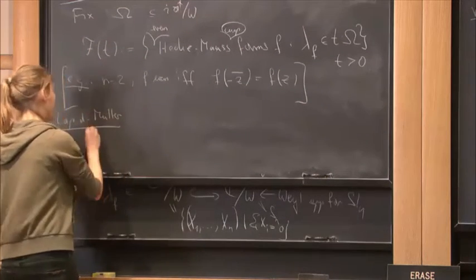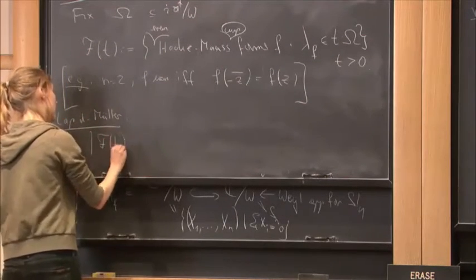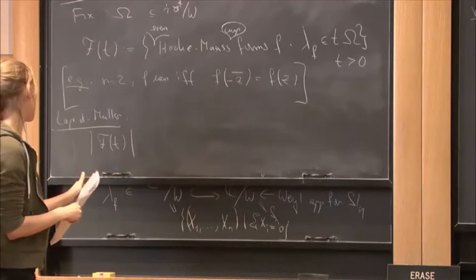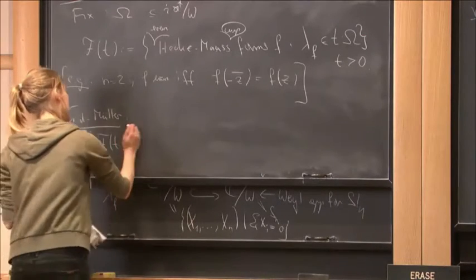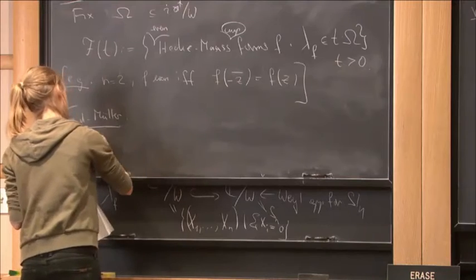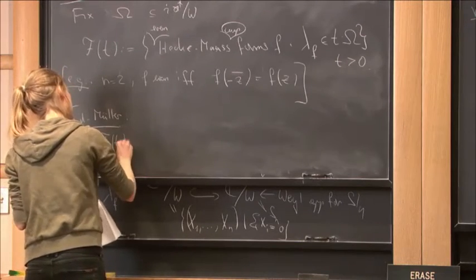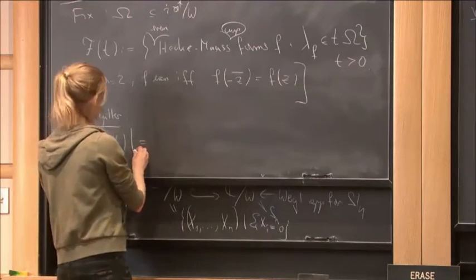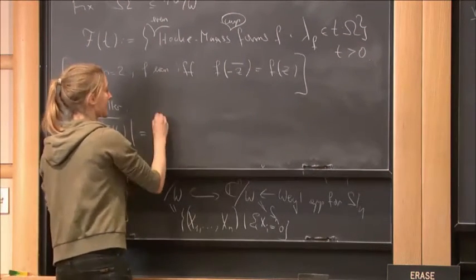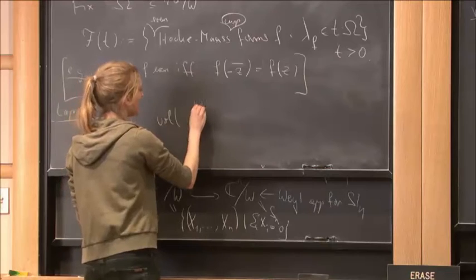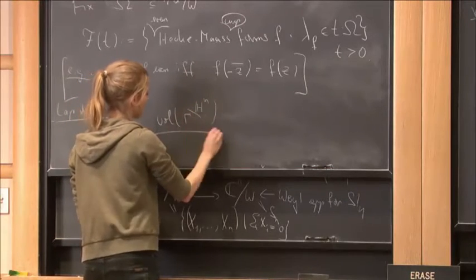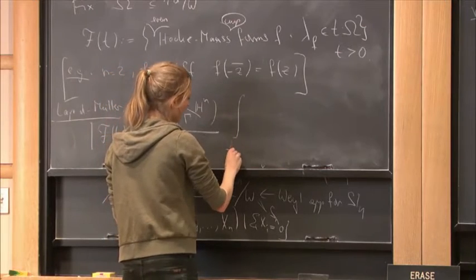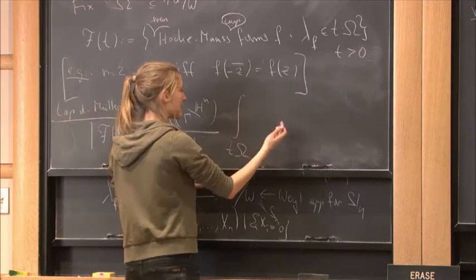Namely that this set, the size of the set is given by the volume of H^n mod gamma over the size of the Weyl group times an integral against the Plancherel measure.